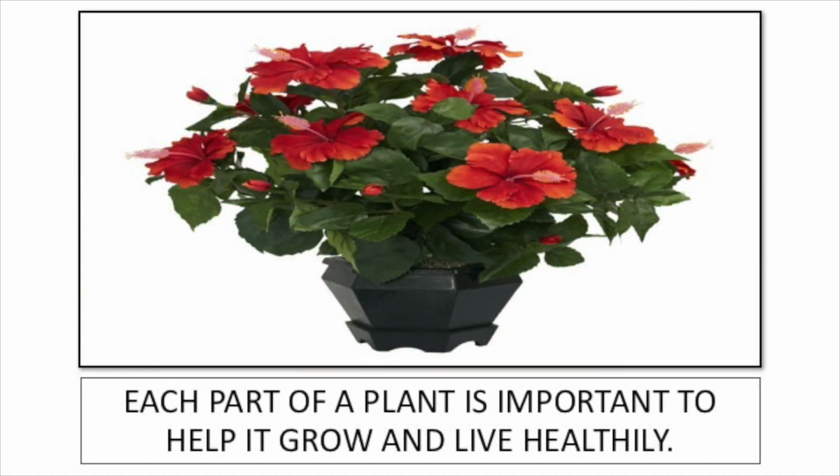Each part of a plant is important to help it grow and live healthily. Yes, remember, plants are living things too, just like us. And just like we need our bodies, like our heads, our stomachs, our arms to live, plants need different parts to help live healthily too.